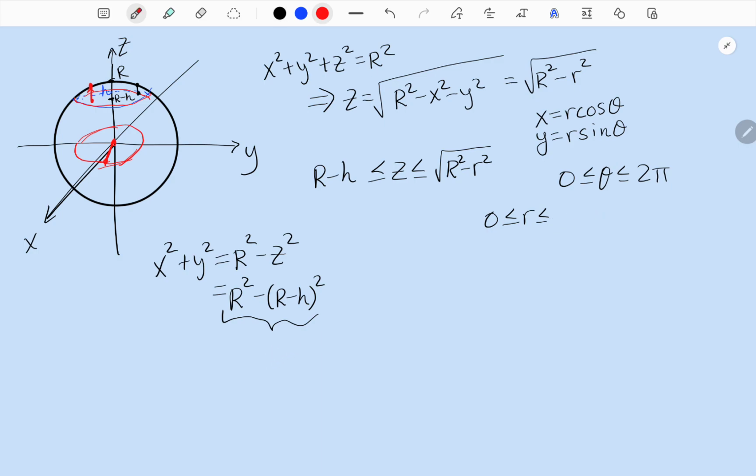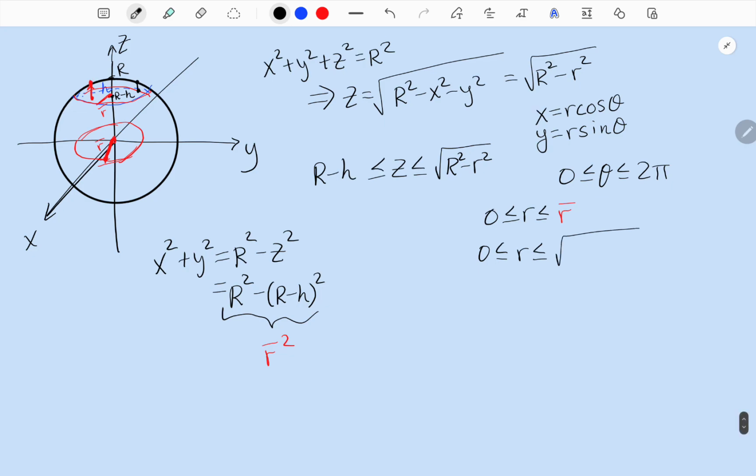So this radius right here has a radius of r bar, and from here to here is also r bar. So 0 is less than or equal to r, which is less than or equal to r bar, and r bar is just the square root of R squared minus (R minus h) squared.